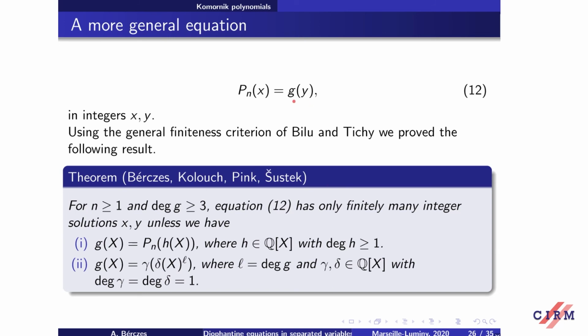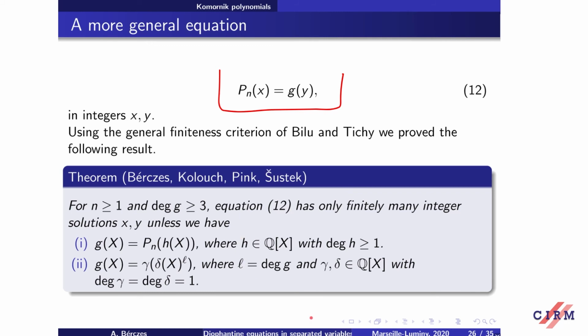And even more generally, we consider the equation with arbitrary right-hand side. And we did prove that if g(x) is not of the form P_n(h(x)), or g(x) is not of the form gamma(delta(x)^L), where gamma and delta are linear polynomials with rational coefficients, and L is just the degree of this polynomial g, then we have only finitely many solutions.